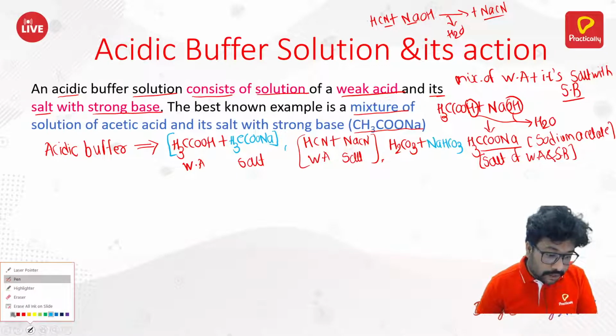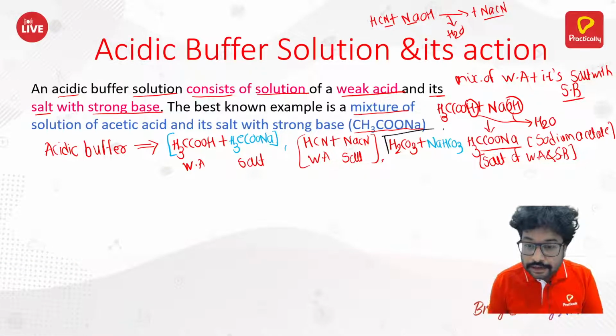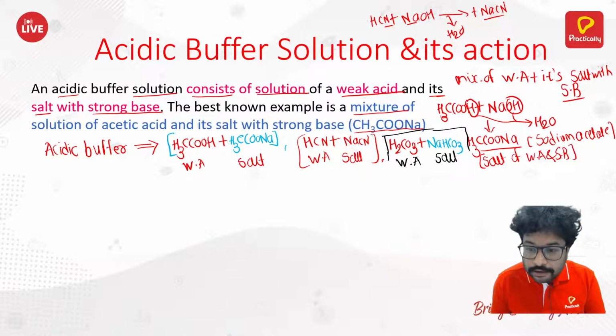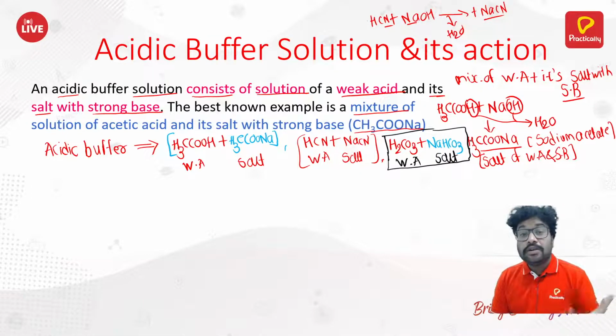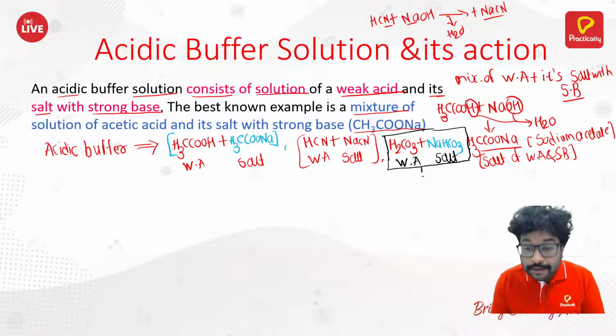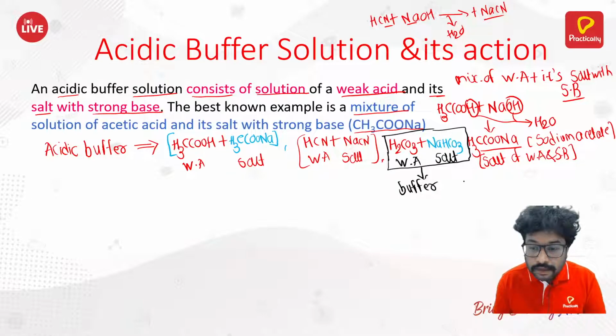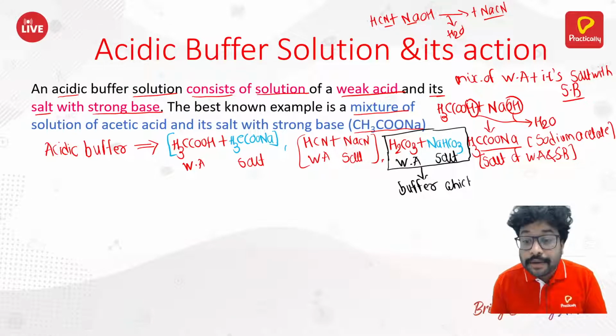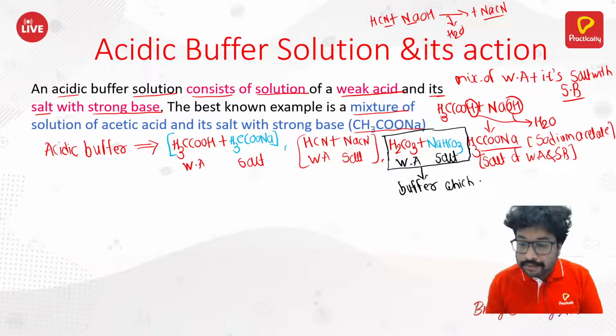H2CO3 plus NaHCO3. This is also a weak acid and its salt with the strong base NaOH. So this is the buffer which our blood uses.